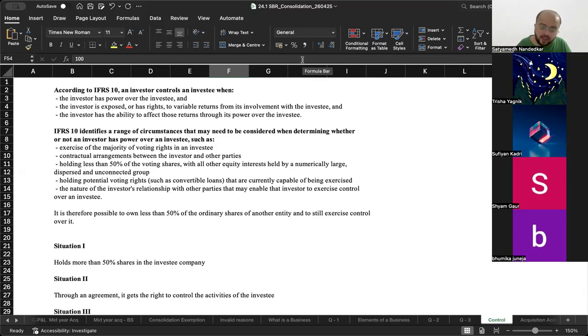Holding potential voting rights such as convertible loans that are currently capable of being exercised. So it could be a situation that right now I hold 35% shares of the investee. I also hold some debentures or loan notes of the investee, and these loan notes have a feature that they can be converted into equity shares.